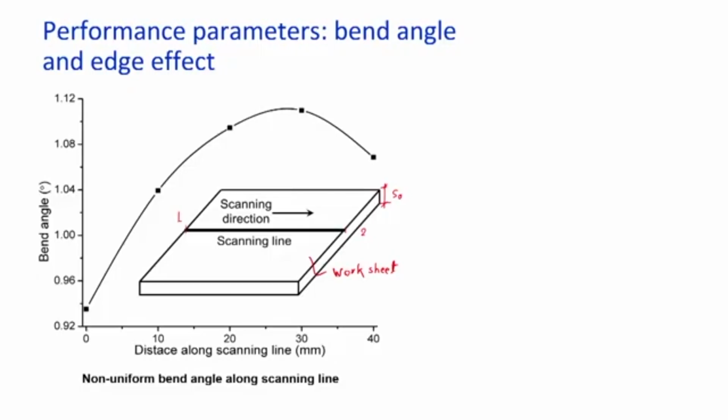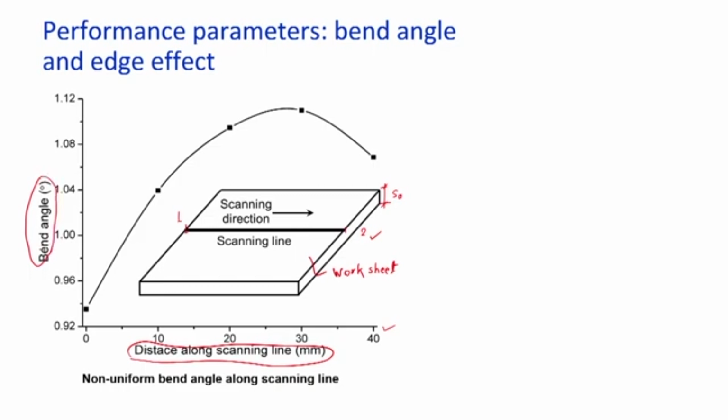Here you can see a typical graph of the distance along the scanning line, from point 1 to point 2, which is about 40 mm, the length of the scan pass, and on the y axis we have the bend angle.